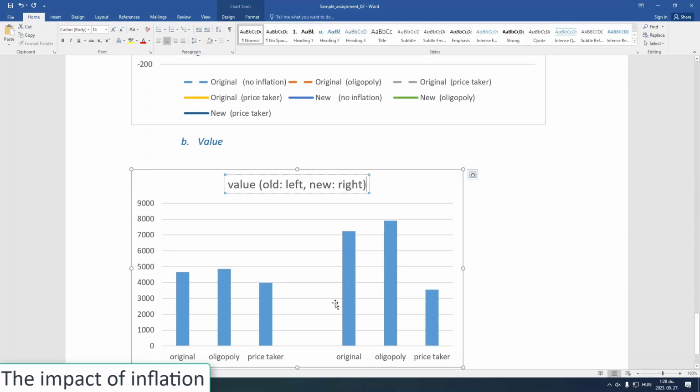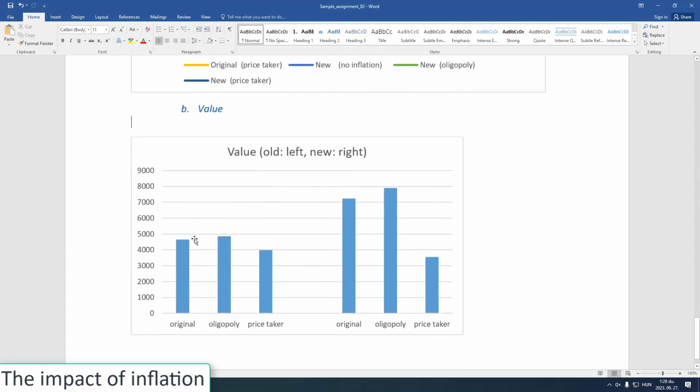So in this case we can see which one is what. And we should never do the politician thing that we are cutting the axis line here at 3000, and after that we just increase the differences. So it should start at 0, and then we can see the proportions. So value.